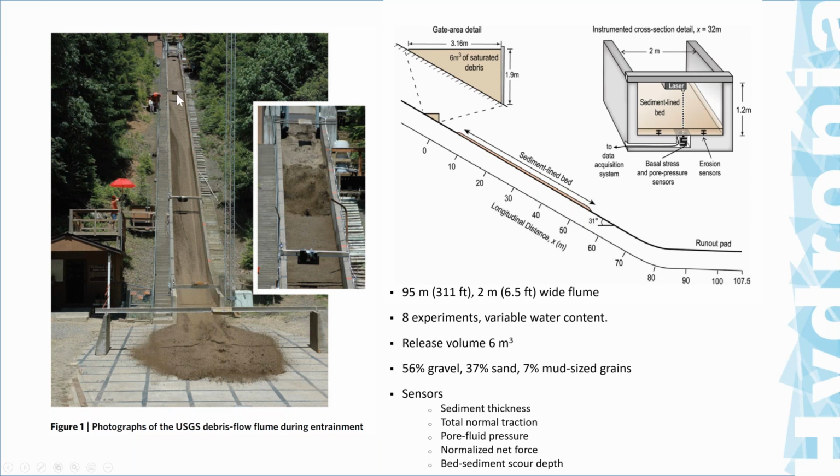You see here at least two locations where they have sensors, and sensors here as well and upstream. They measure sediment thickness, normal traction, pore fluid pressure, normalized net force, bed sediment scour depth, and there are other things that are measured in time at the different locations. So it's a very comprehensive set of data that is ideal for model validation.